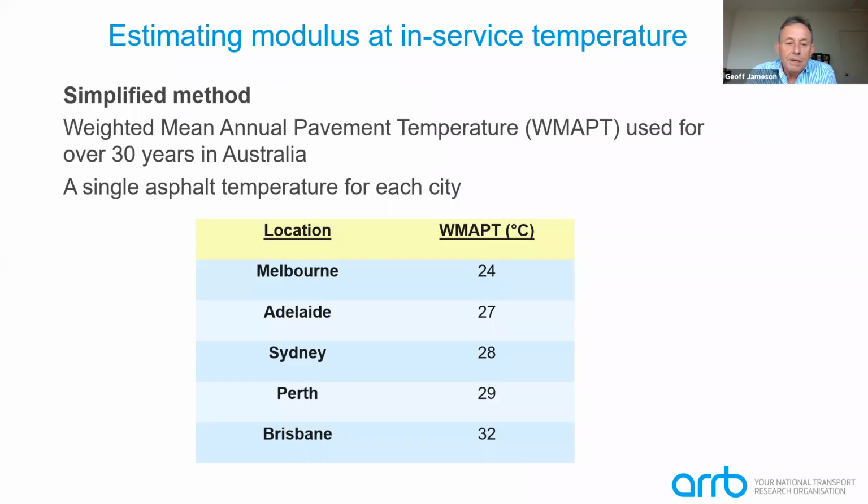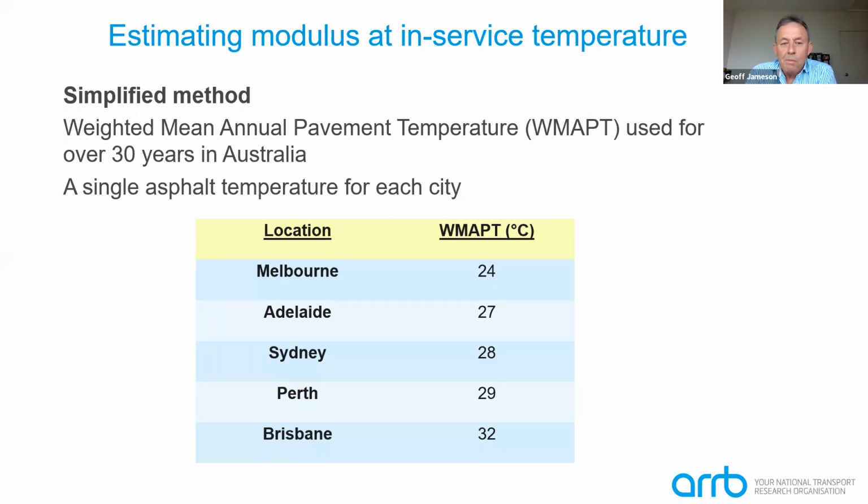But what tends to be used is a simplified approach based on the weighted mean annual pavement temperature. And that approach has been used for 30 years in Australia. So it's a single temperature for each city. So for Melbourne, 24 degrees, whereas for Brisbane, it's 32 degrees.